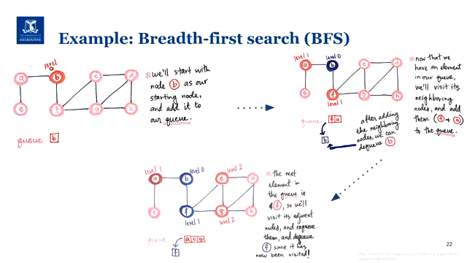And the next thing we do, we'll need to visit each one of them. So let's say we visit F. F has been visited and marked as visited. And then the next thing we need to do is take a look at F's adjacency and see if there are any nodes that haven't been visited there.